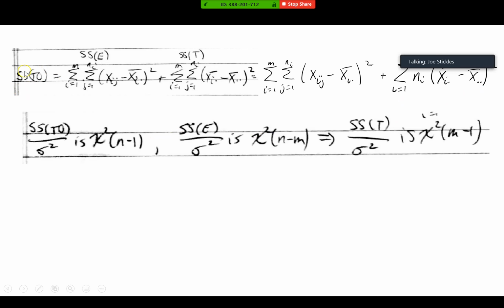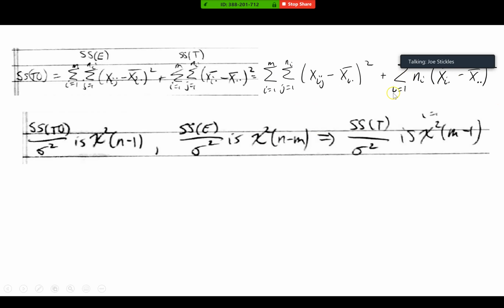Now, we already know that SSTO, the total sum of squares, when we divide it by our variance, is chi-squared of n minus 1. And we already know that our SSE, when we divide by our variance, is chi-squared of n minus m.